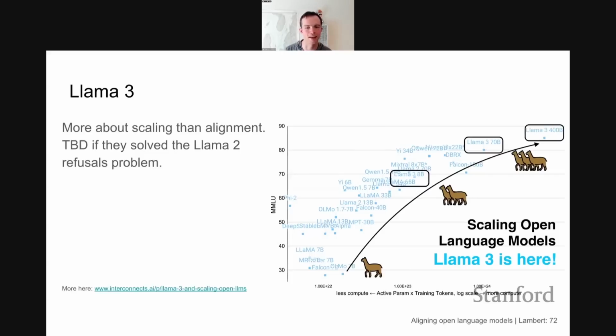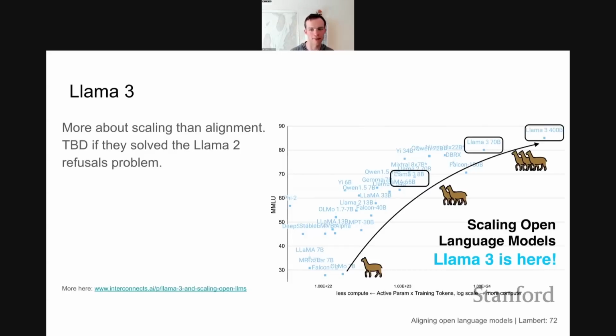I'm yet to succeed in getting them to release a reward model for Llama 2 or Llama 3 from alignment. So we have more work to do on getting Meta to support this open alignment ecosystem to the same extent that they are supporting the pre-training ecosystem. And this scaling story very much connects to the previous slide, where scaling and solving this is very much determined by the markets and capital incentives.